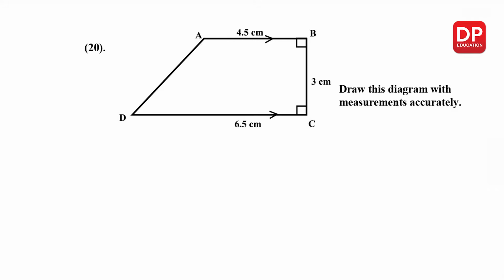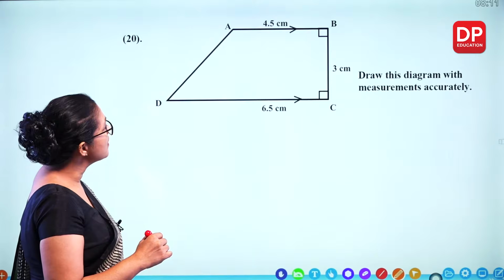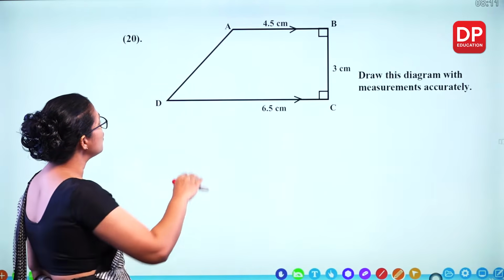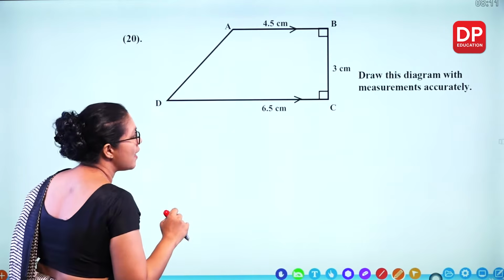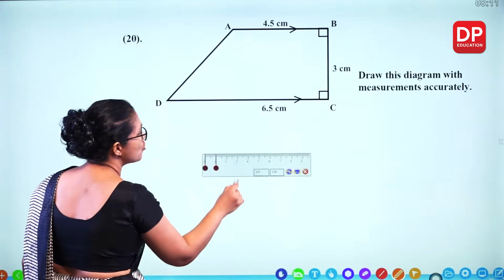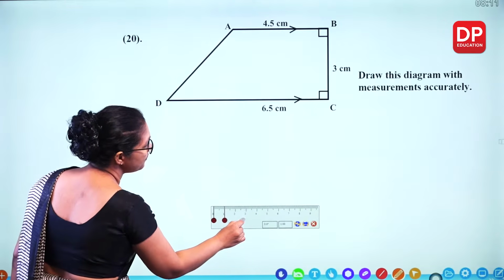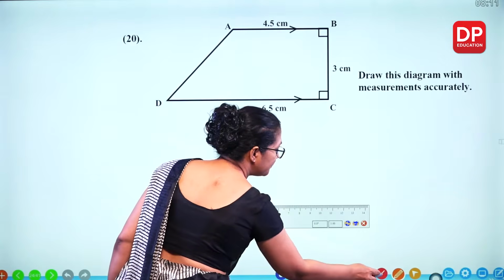Draw this diagram with measurements accurately. So we need to take these measurements. What is the first thing we can do? We can draw the CD line and measure 6.5 centimeters. So take the straight edge or ruler and draw a line.